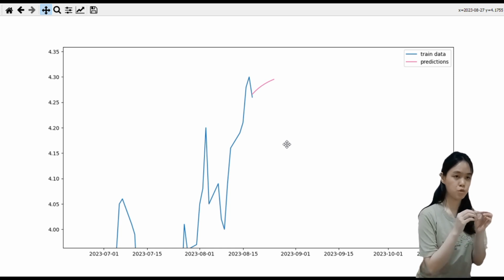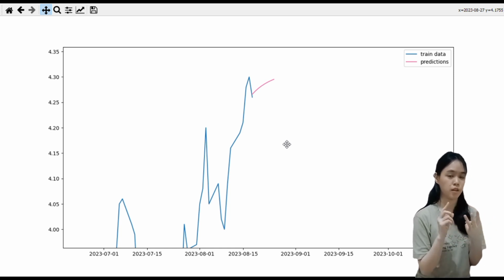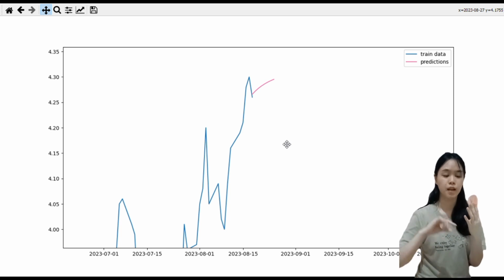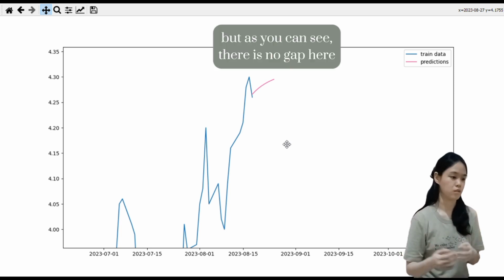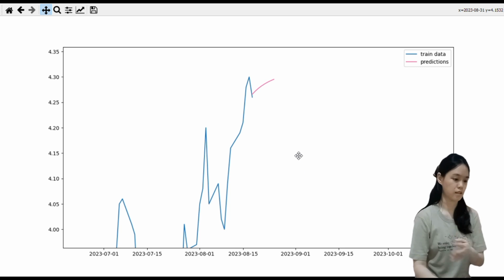It's supposed to have Tuesday, Wednesday, Thursday, Friday, and then some gap, and then Monday, Tuesday, and so on until the last day of August.